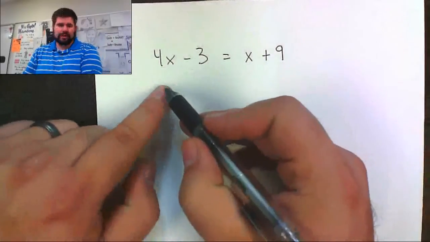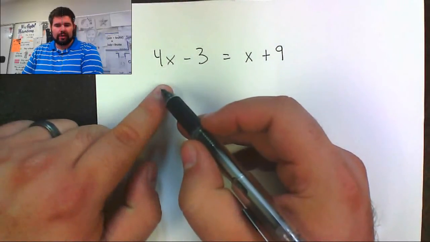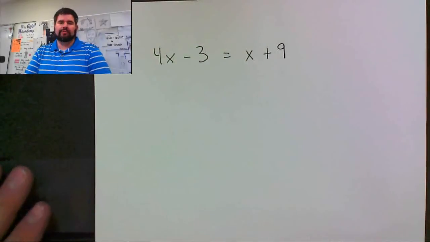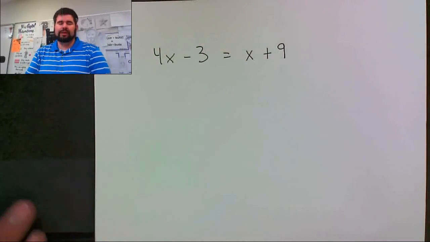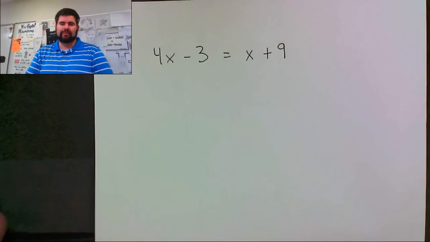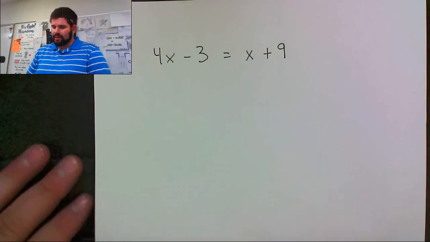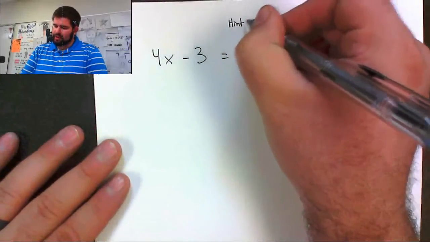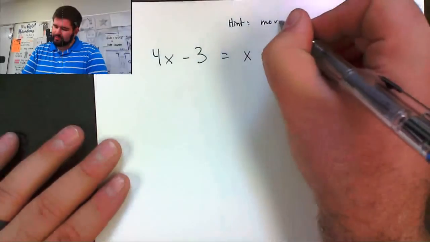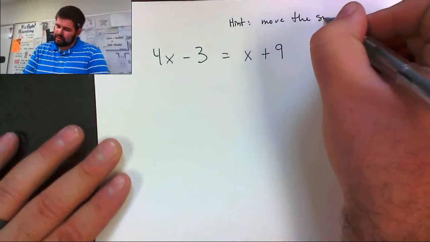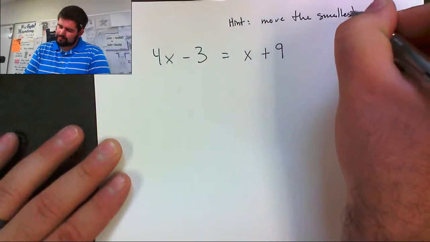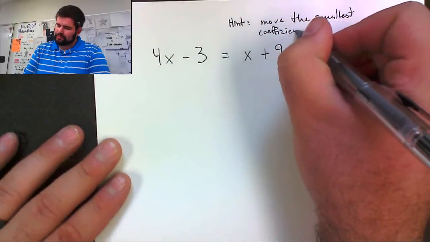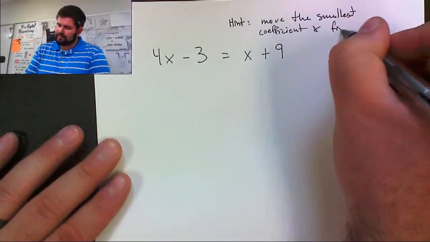Here the objective is to combine like terms. We want the x's to be together so we can solve, and we also want the numbers on the other side of the equal sign, so that we can begin to simplify. A hint is you want to move the smallest coefficient x first.